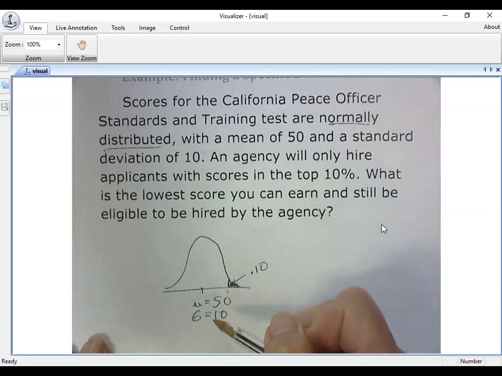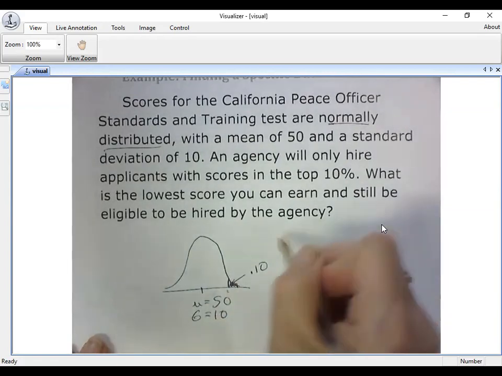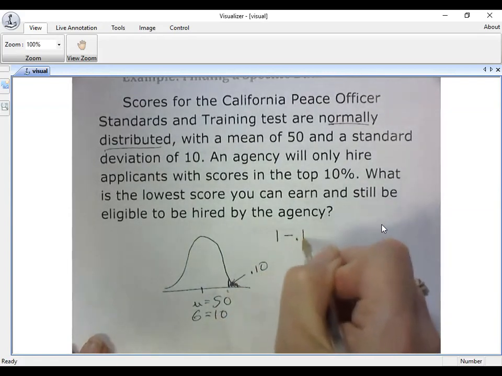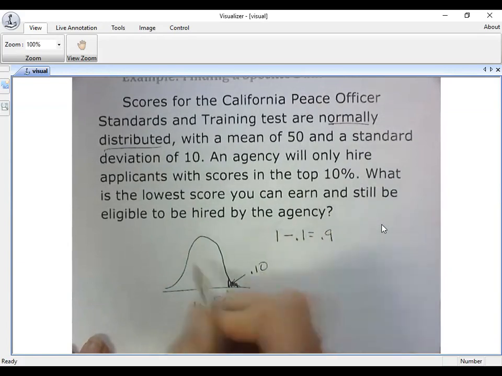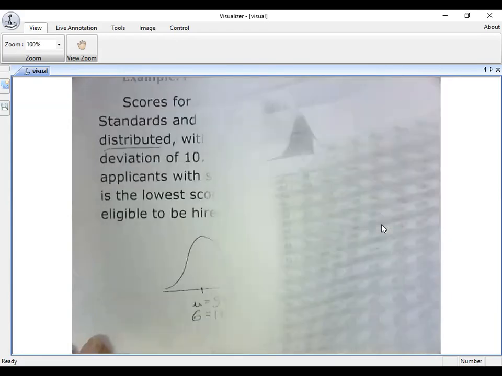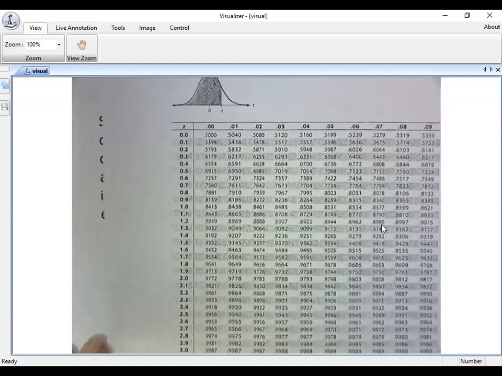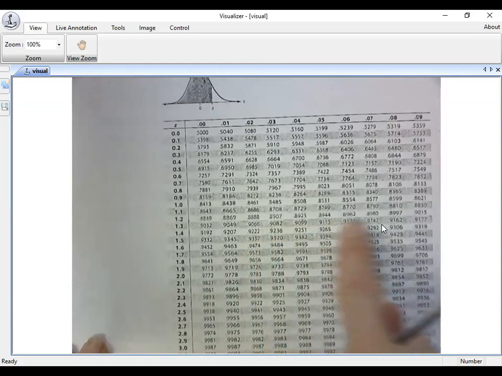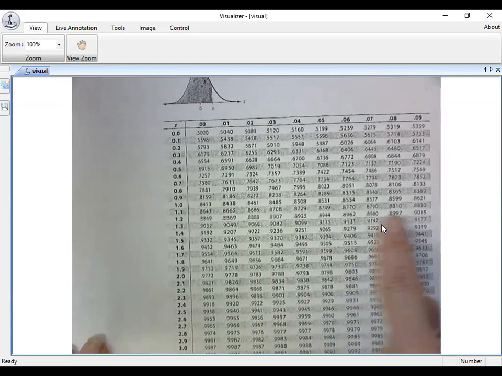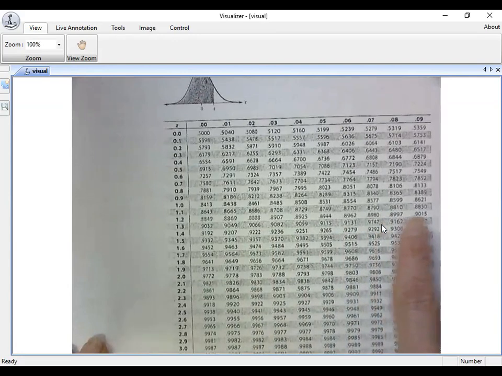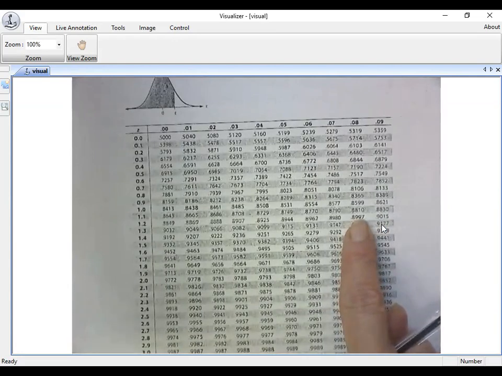1 minus 0.1. Okay, if I do 1 minus 0.1, I get 0.9. That's going to be all the area to the left, which means I could look on the table, see if I find an area of 0.90, and it's not in here exactly, but which one of these numbers is closest to it?